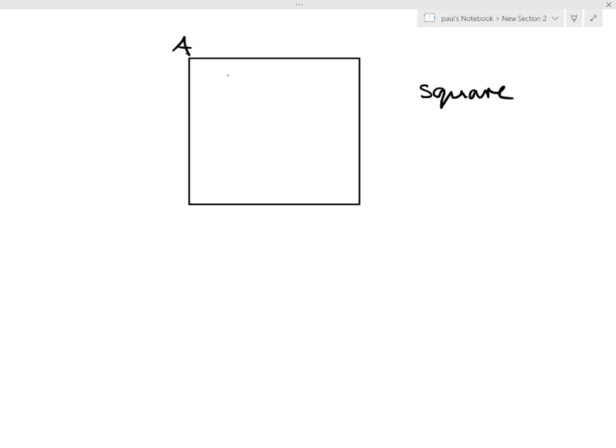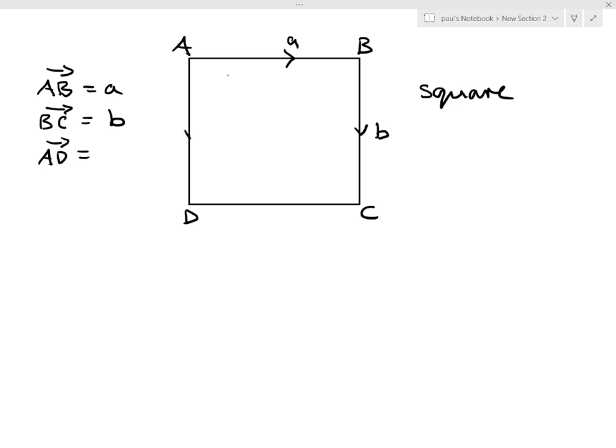So let's go A, B, C, D. Now, AB is equal to a little a there. And BC is equal to a little b there.